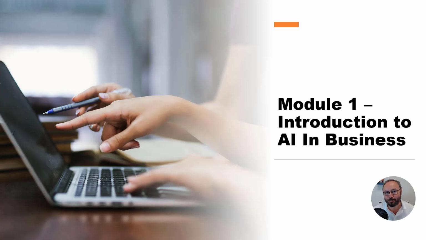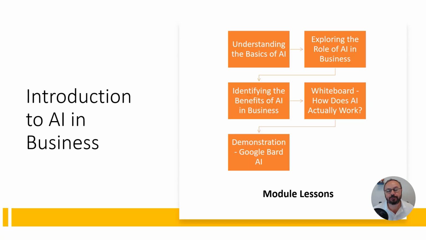Welcome to Module 1. In Module 1, we want to go ahead and focus on what AI is and understand why it's so important to businesses. We'll talk about what the role of AI is to business and also talk about some of the benefits of AI and how businesses can employ AI to really increase those benefits to not only the customer but to themselves as well.